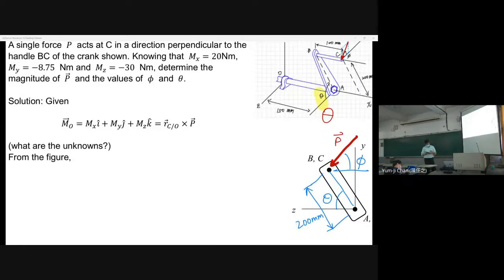So remember the unknowns are P, phi, and theta. Now, take your time to fill in the graph.